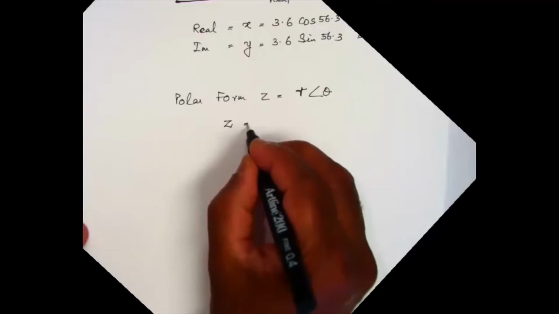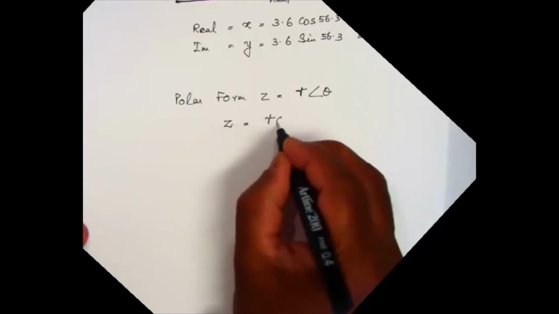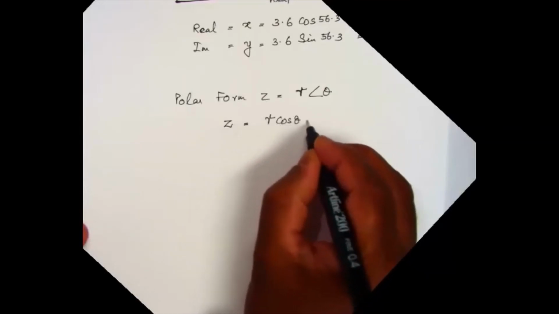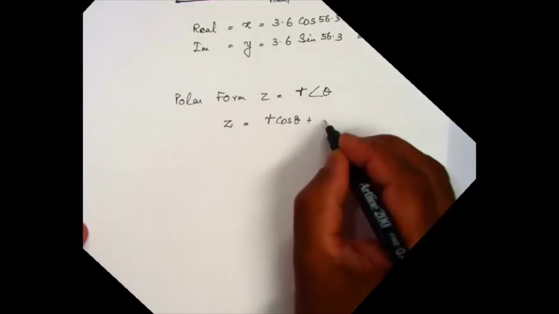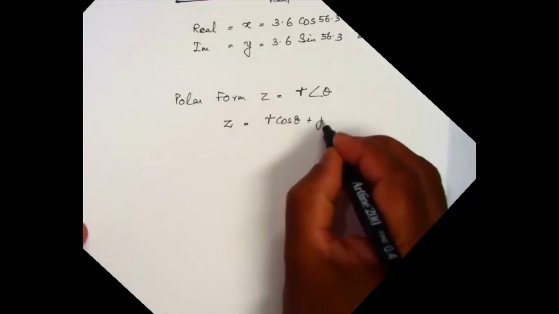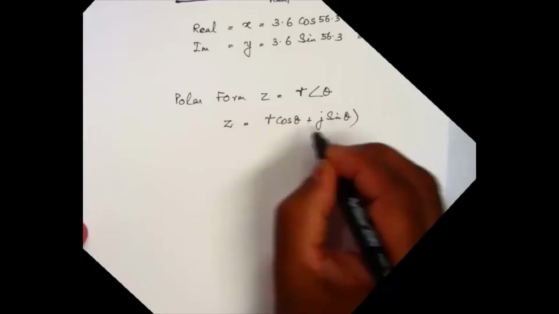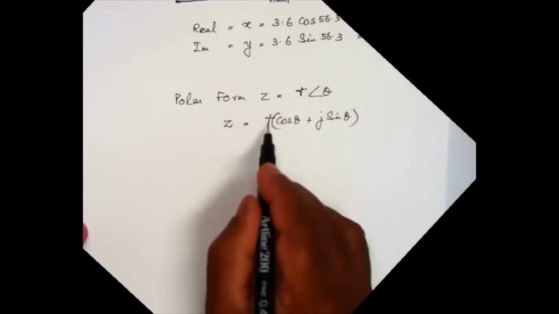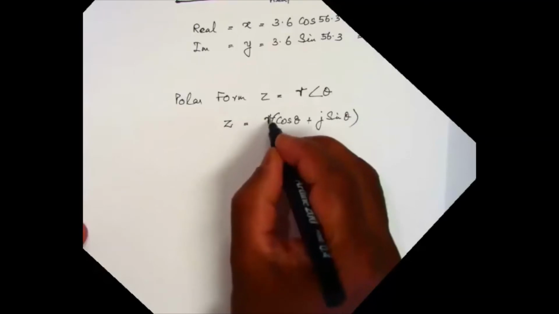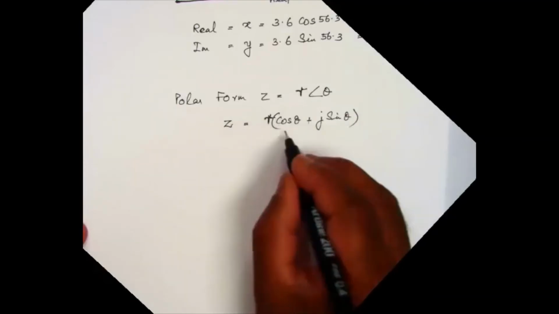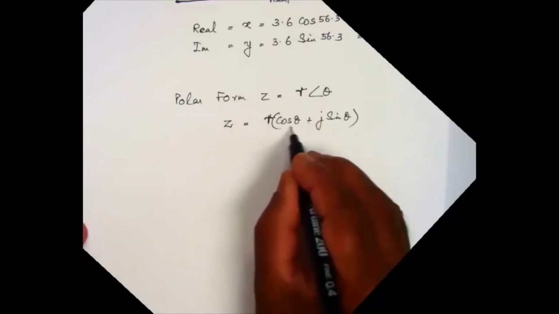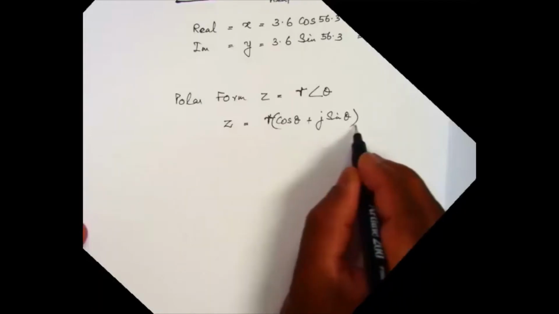Z is equal to r (cos theta plus j sin theta), right? R is common to both, so that's how we represent it in trigonometric form.